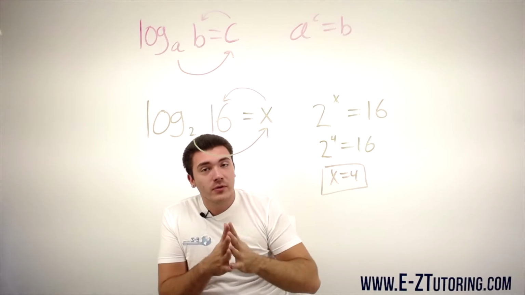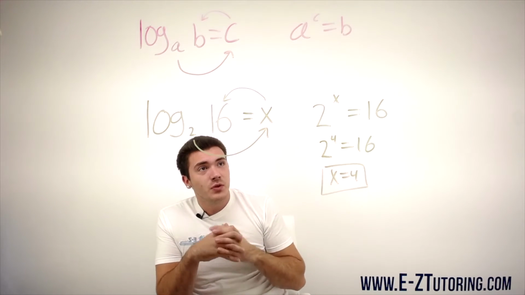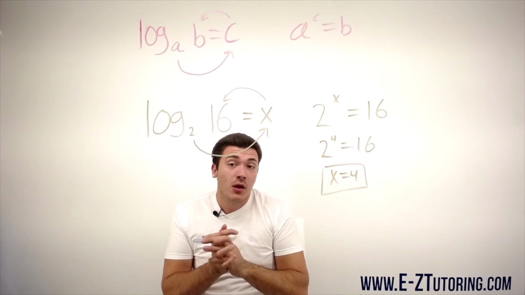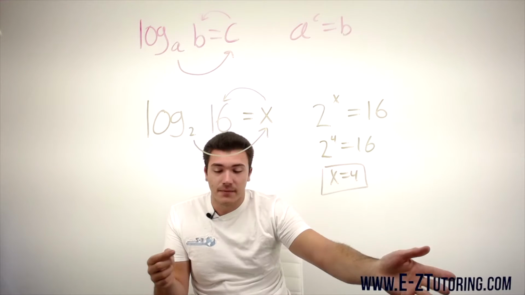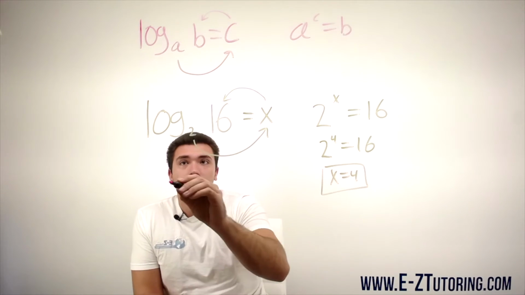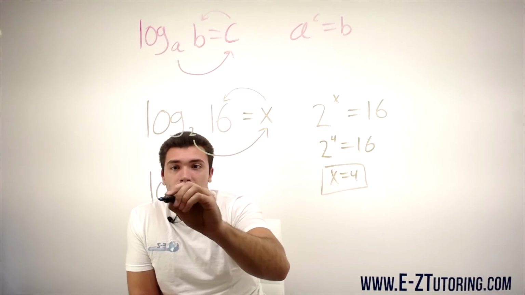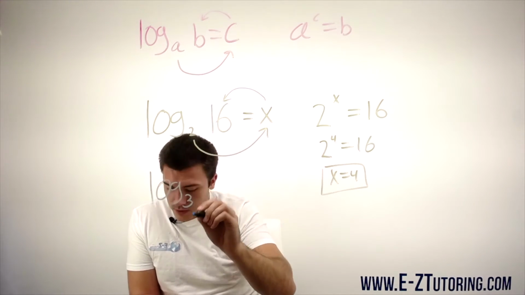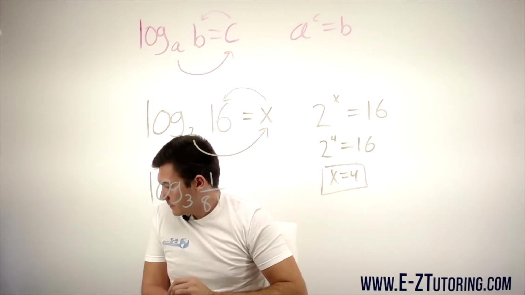Generally, these you'll be able to solve by doing simple mental math. If you couldn't do it using mental math, you can write out 2 times 2 times 2 times 2 until you get 16. So let's go ahead and do some more examples here. Suppose we have log base 3 of 1 over 81.